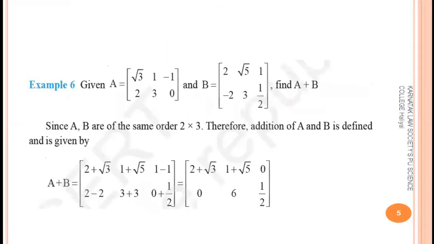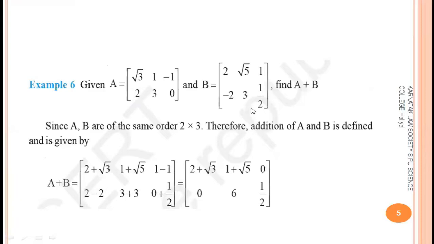See here one example is there. A is equal to [root 3, 1, -1; 2, 3, 0] and B is equal to [2, root 5, 1; -2, 3, 1/2]. Here A is having 2 rows and 3 columns. The order is 2 by 3 and B is also 2 rows and 3 columns. Both the orders of A and B are same.